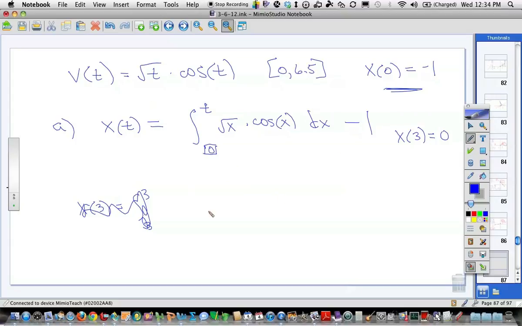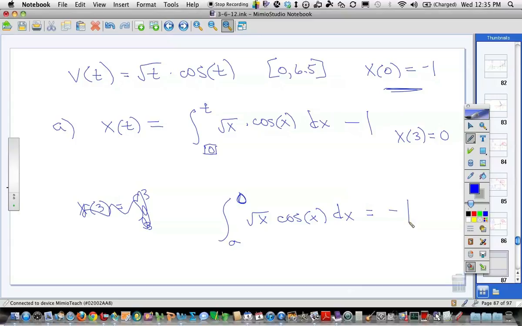Now, another way to do it is you could say, okay, I don't know what this left endpoint is, call it A. But when I put in a 0 right here, I know I have to get -1. You could do a solve on your calculator.